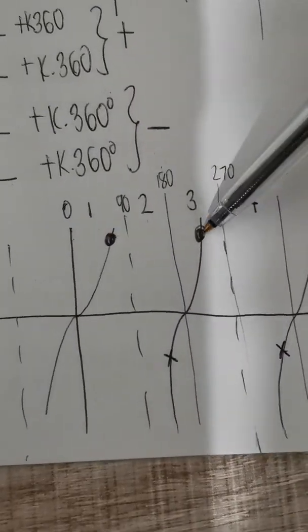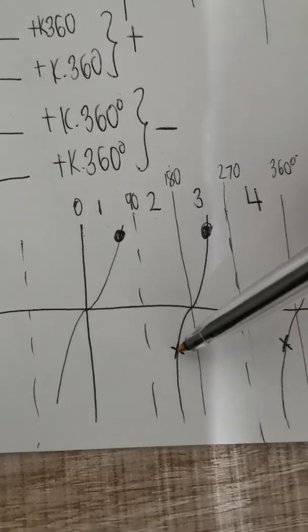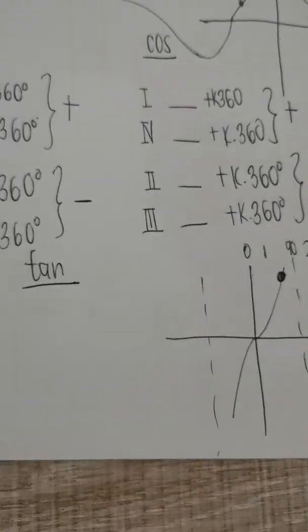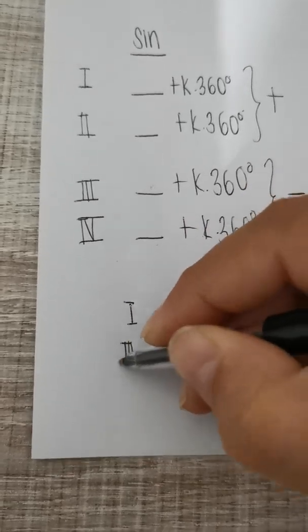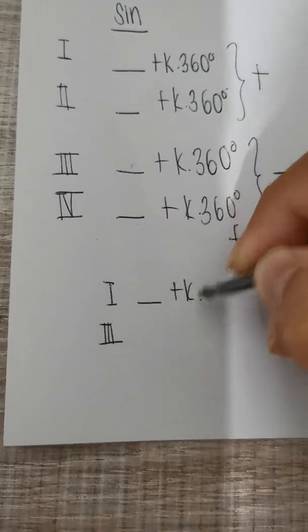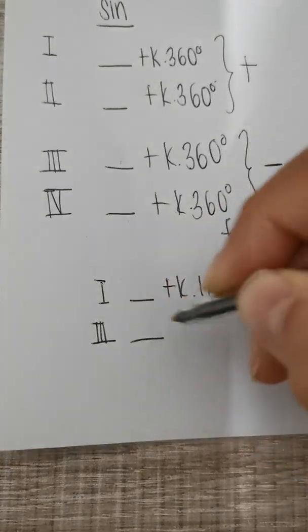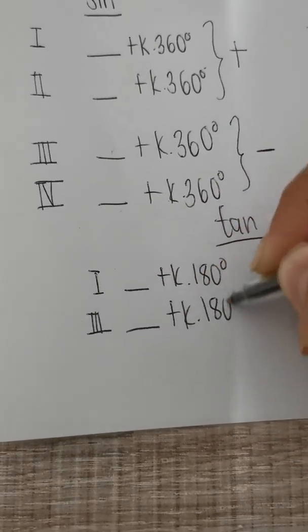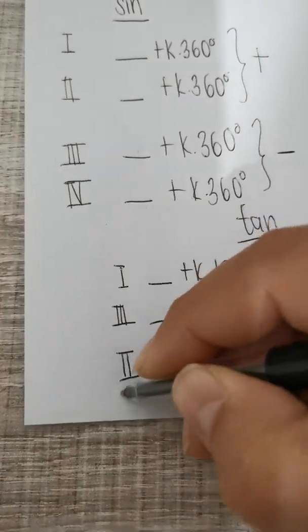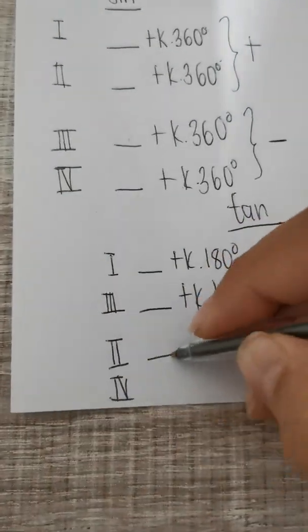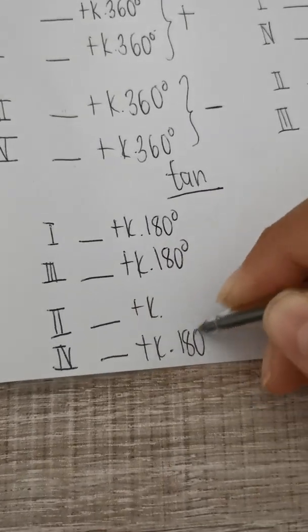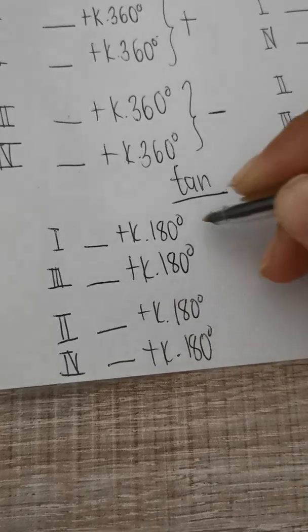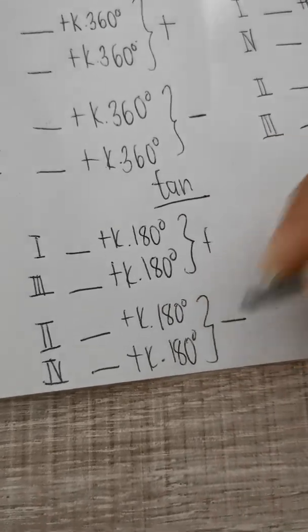First quadrant and third quadrant for positive numbers, second and fourth for negative numbers. First and third, second and fourth. Positive, negative. Right, so that's what we summarized from our trig graphs.